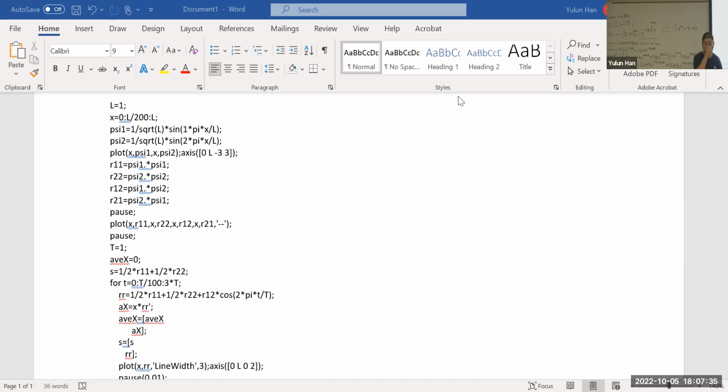So the movie is just an evolution of the probability density. Oh, that works, but it does stop eventually. Oh, but it stays up. Oops, mine didn't stay up.